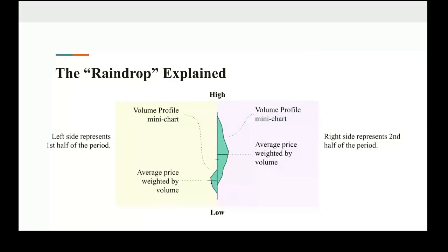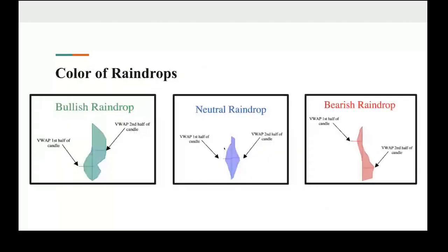So the color of the candle is really a function of the second half VWAP. If the second half of the period's VWAP is higher than the first, it's green. If the second half of the period's VWAP is lower than the first, it's red, and you can see this here.